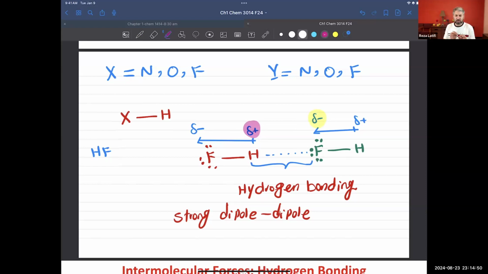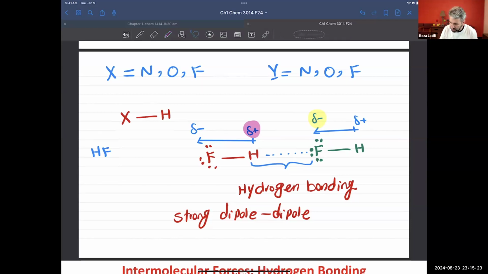But still you do have a covalent bond between, for example, nitrogen and hydrogen, or fluorine. Because you still have a chemical bond there, you can call this an intermolecular force between 2 molecules. So anytime H is attached to an electronegative element, it will get a positive charge, and it will interact with a lone pair from another molecule, and it will give you a new dipole-dipole interaction that we call hydrogen bonding.